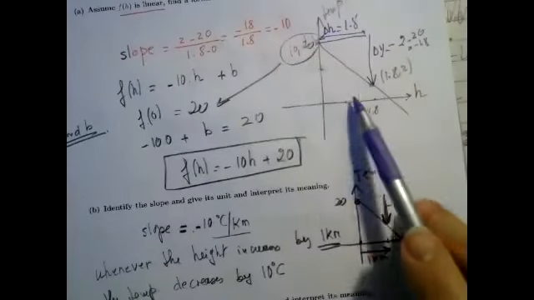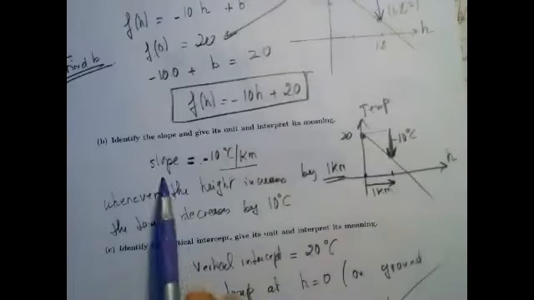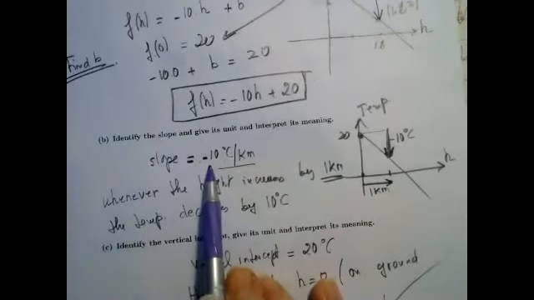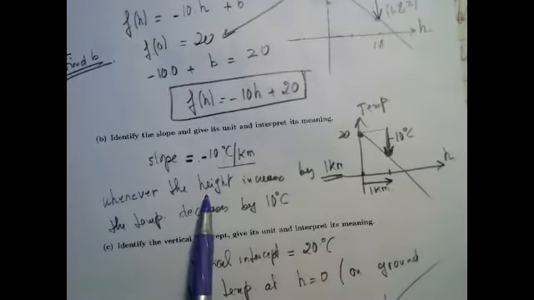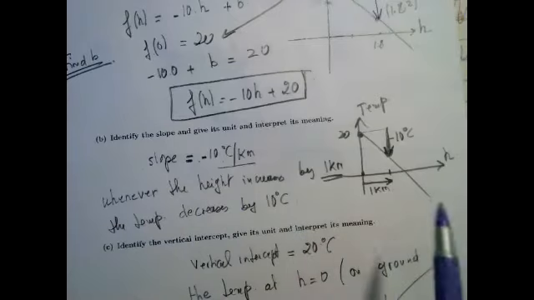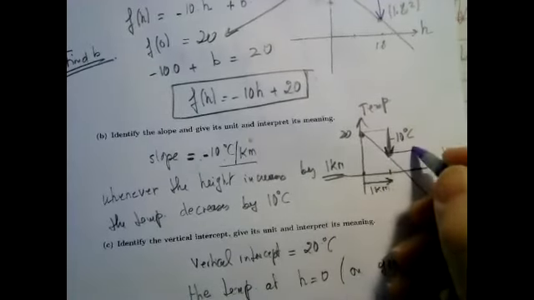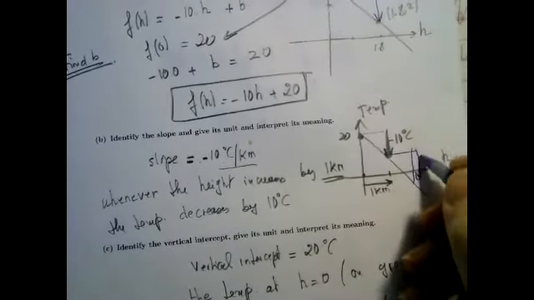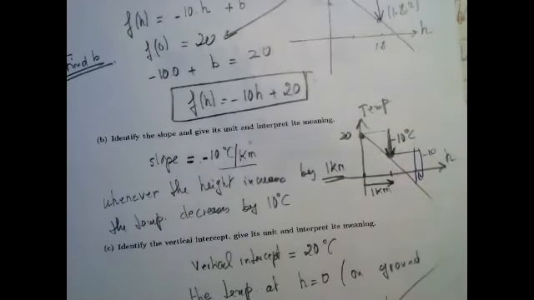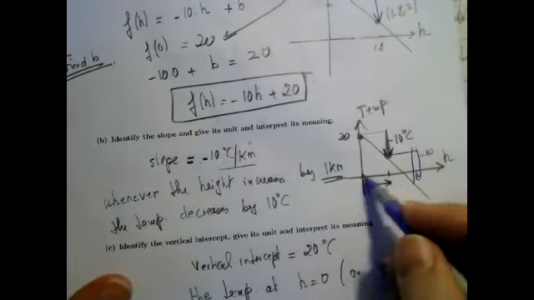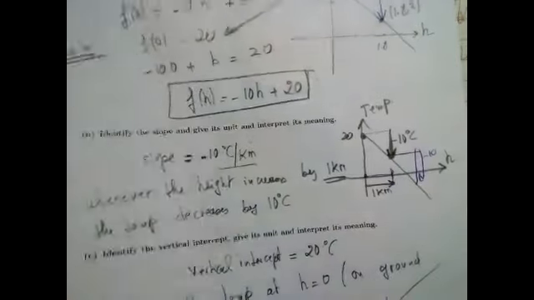Just like in this problem, if this is linear, it means the temperature increases by the same amount every time you go up by 1 kilometer. That's linearity. The rate of change is the same. The function changes by the same amount for every unit increase in input.